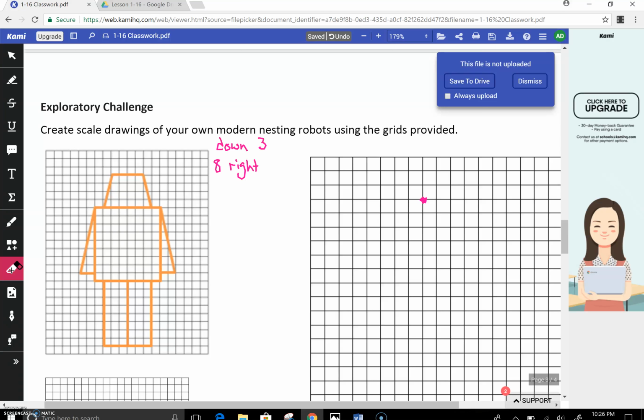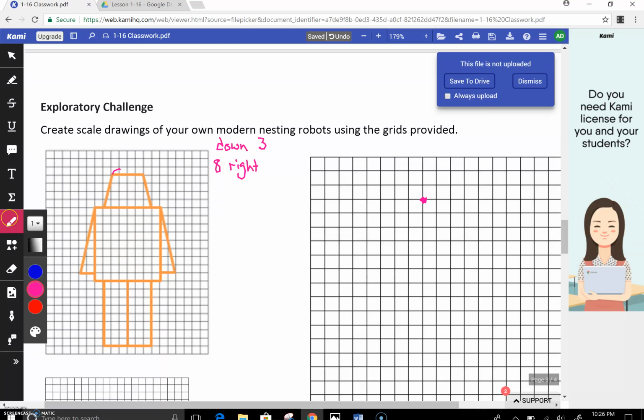And then the next thing I'm going to do is count how many units across his head is. 1, 2, 3, 4 units across. I'll do the same thing here, 1, 2, 3, 4 units across. Connect the dot. There we go. I have the top of my robot's head.